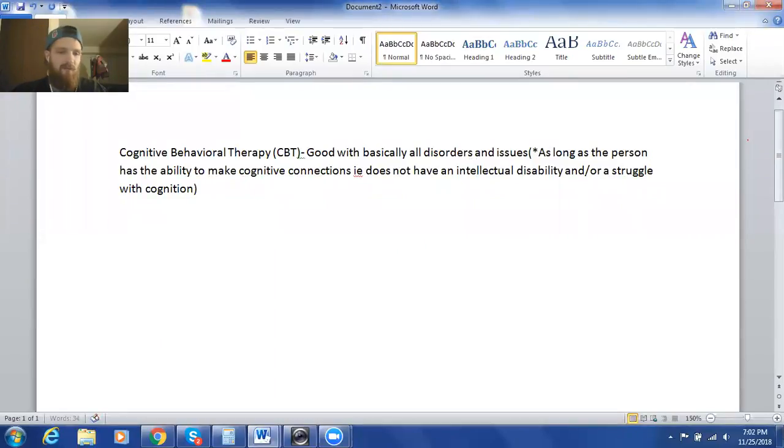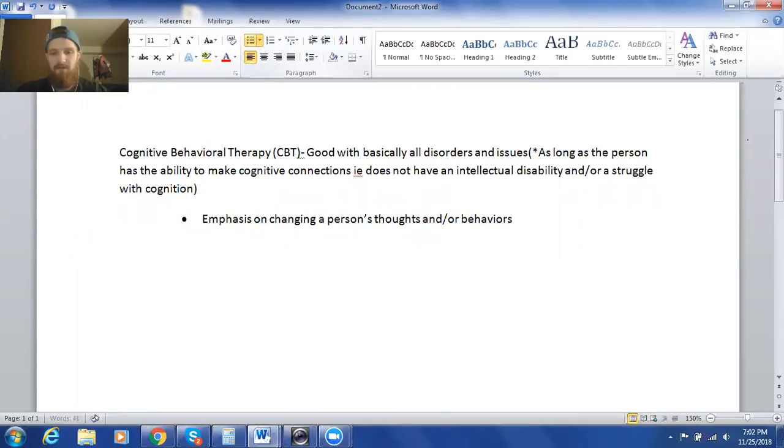So what does it contain, or what does it actually do? So this has like an emphasis on changing a person's thoughts and or behaviors to influence change.